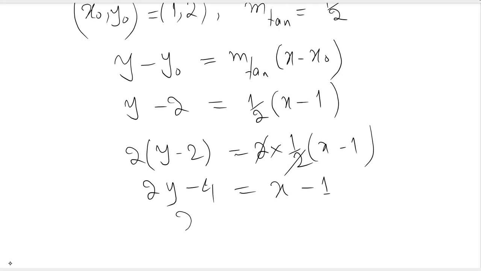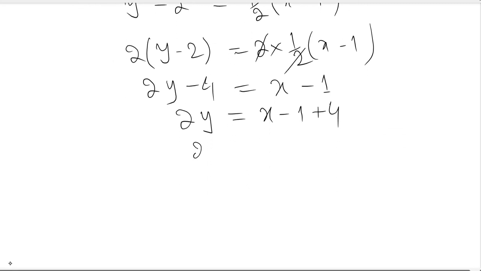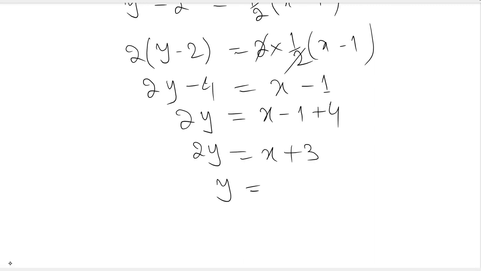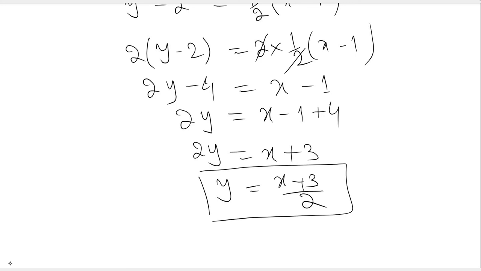You can leave 2y here, or add 4 on both sides, so that the 4 cancels out. We are left with 2y equals x plus 3. If you are asked to find the value of y, just divide both sides by 2.